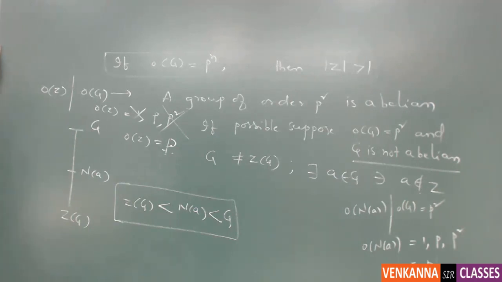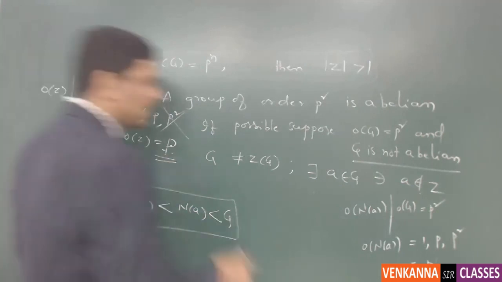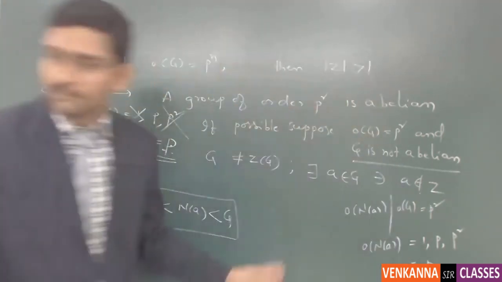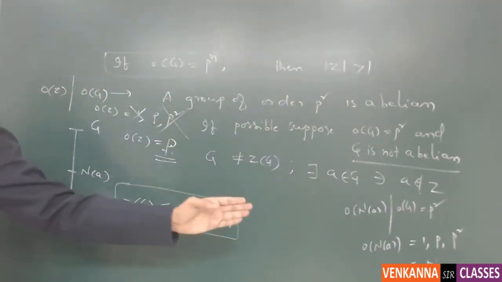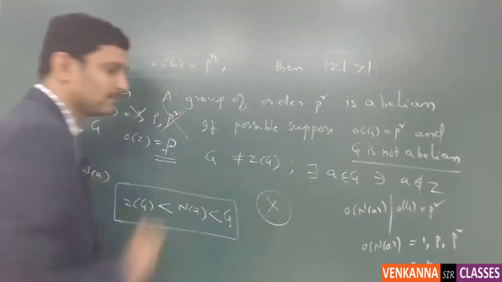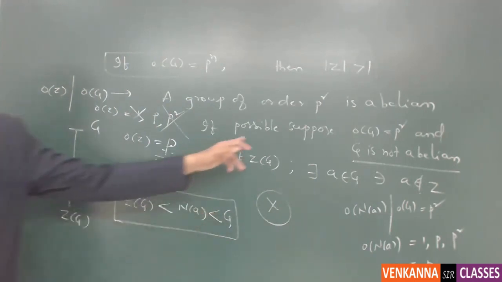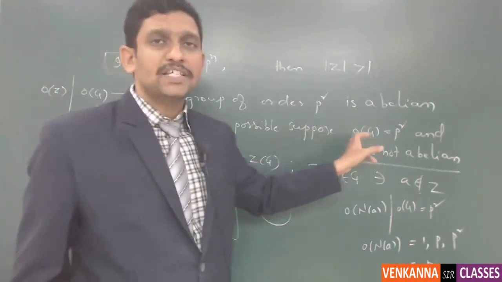Now please understand. This is obviously a smaller set compared to N of A. And you are saying that a smaller set and a larger set both will have the same order. Is it practically possible? This is a contradiction. So why has this contradiction come? Because we have taken that G is not abelian.